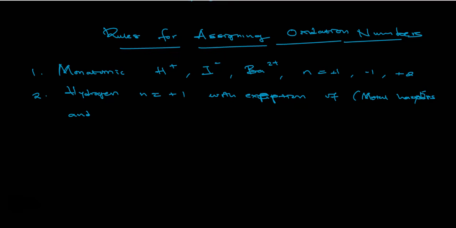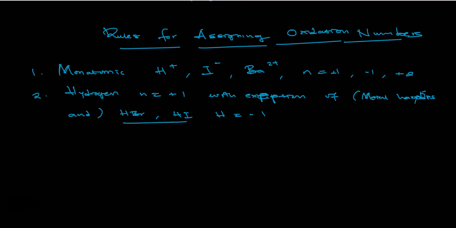So metal halides like hydrogen bromide, like hydrogen iodide, in this kind of compounds, the oxidation number of hydrogen becomes -1.